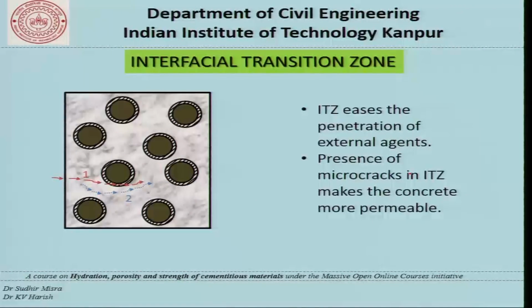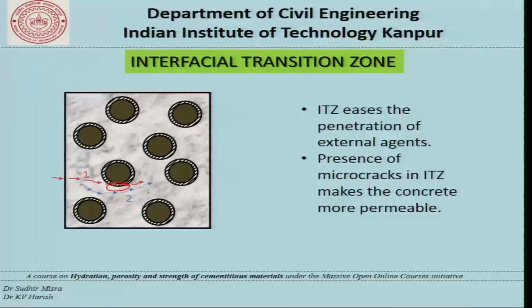As far as the durability issues are concerned, ITZ eases the penetration of external agents. Basically, if the strength of the ITZ is lower, it is also an indication of the fact that the porosity in the ITZ is higher.